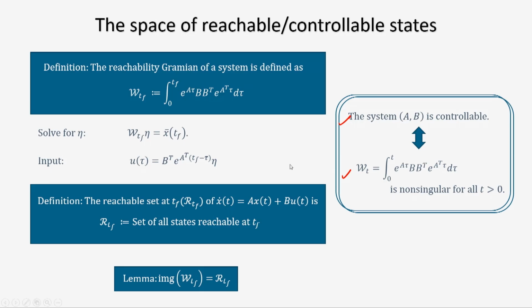Now, this is well and good. I started this lecture with this idea, right? How do I know where we can reach? Now we know which points we can reach: any vector which is in the image of WTF. Again, remember what is the image of WTF?